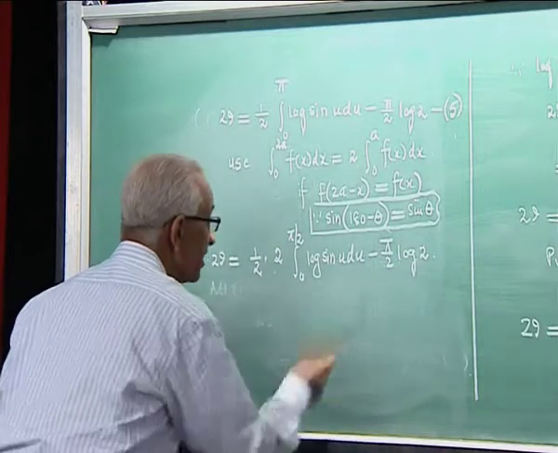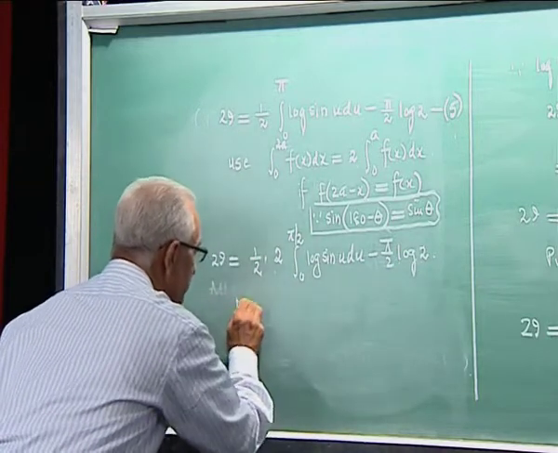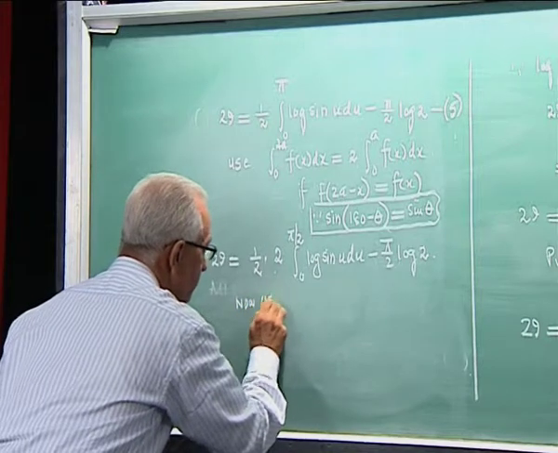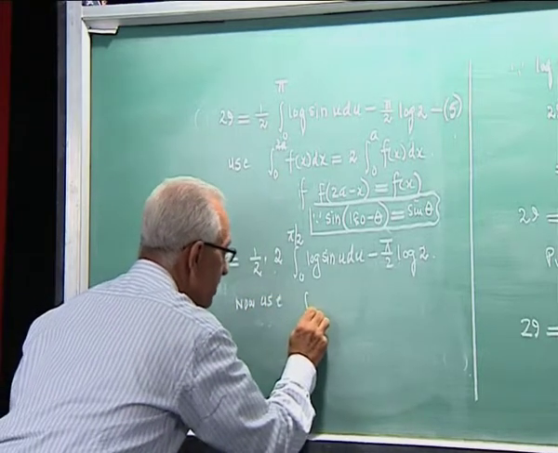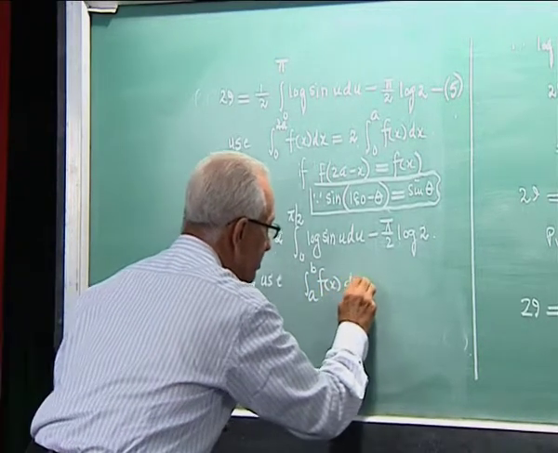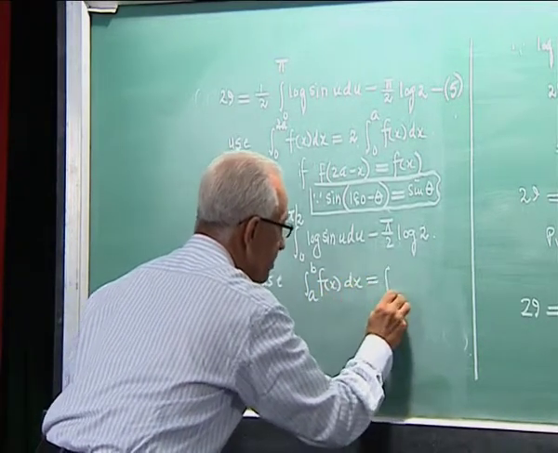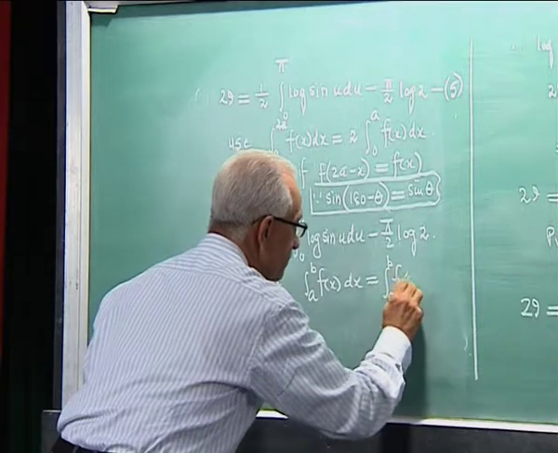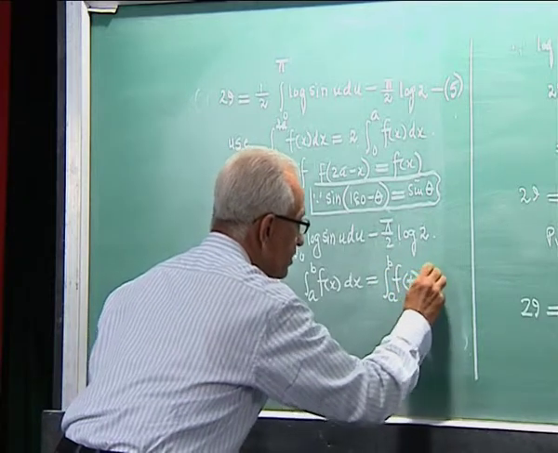Finally, the result I am using here, now we use a to b f(x) dx is equal to a to b f(t) dt.